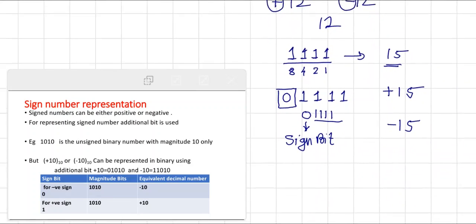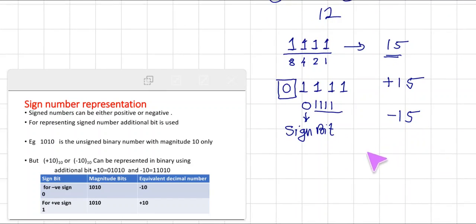But if I want to represent minus 15, the magnitude is as it is, that is 1 1 1 1, but I want minus, so the sign bit will be 1. If the sign bit is 1, then the remaining magnitude is treated as negative, and so the minus 15 number can be represented this way.